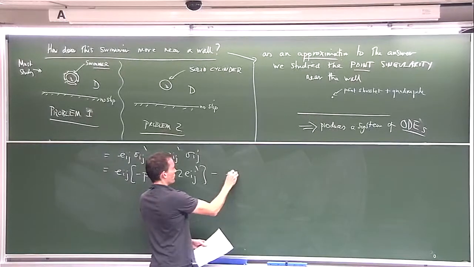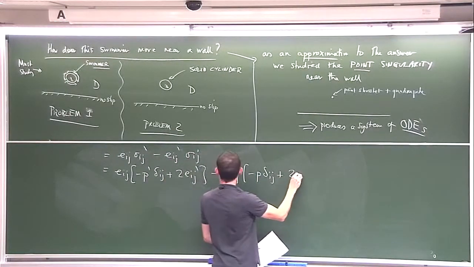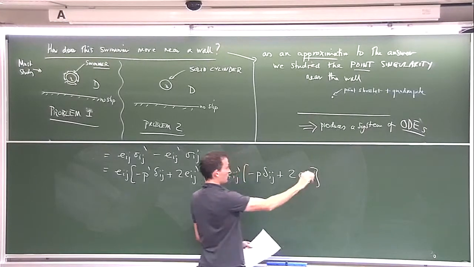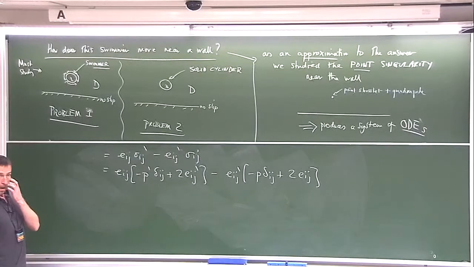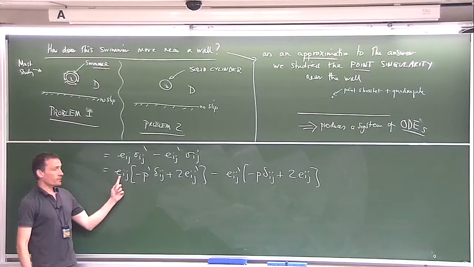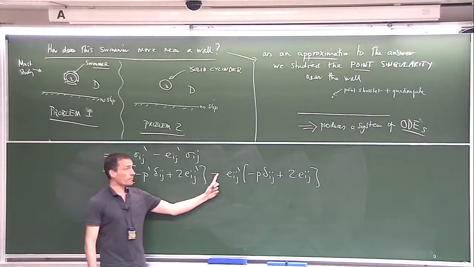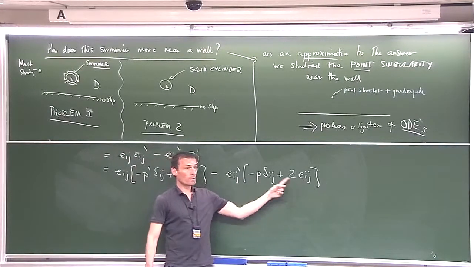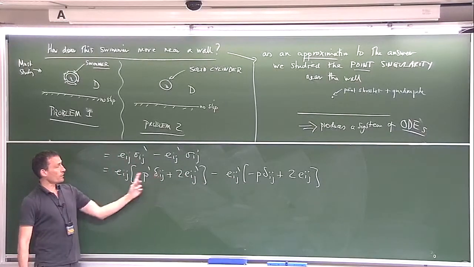And then now look, you've got Eij contracted with Eij prime. But then you've got the same thing here with the opposite sign. So they clearly cancel. And then what's delta ij Eij?